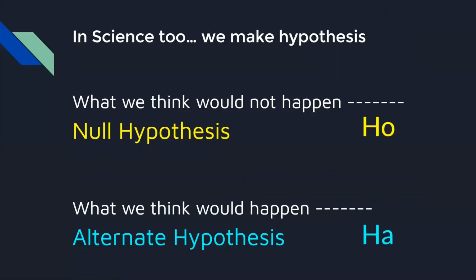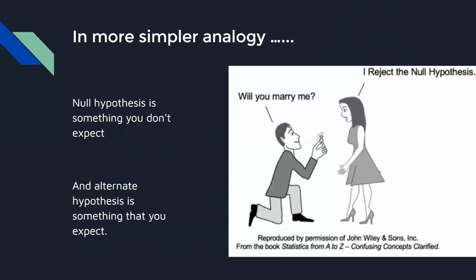The null hypothesis is symbolized by H naught, while the alternative hypothesis is symbolized by H1 or HA. In more simple words, something that you expect is the alternative hypothesis and something that you don't expect is the null hypothesis.